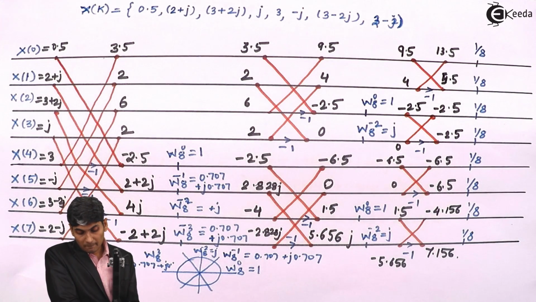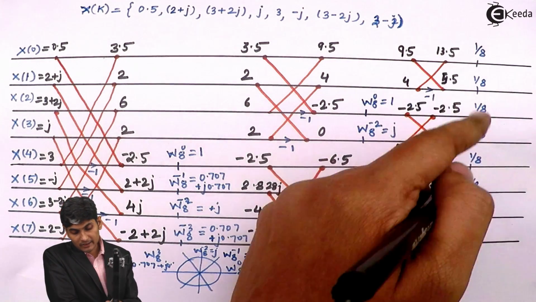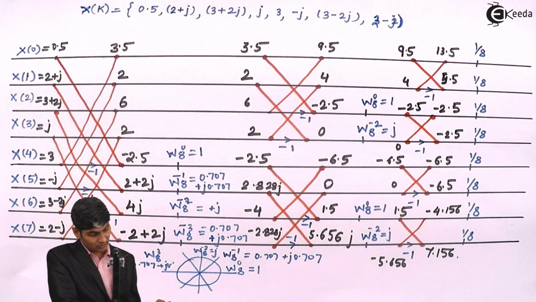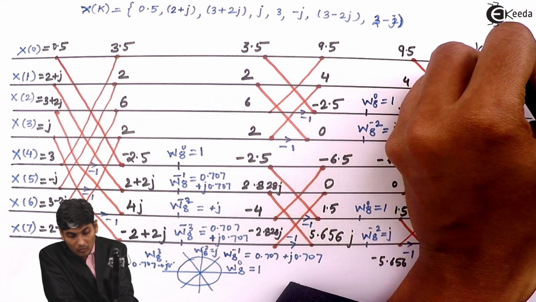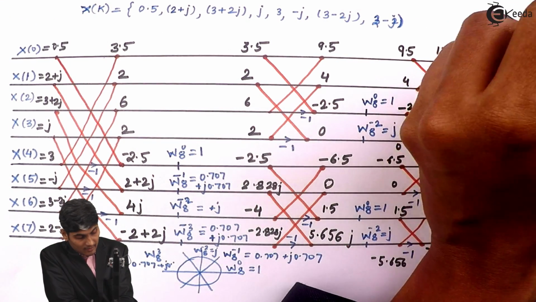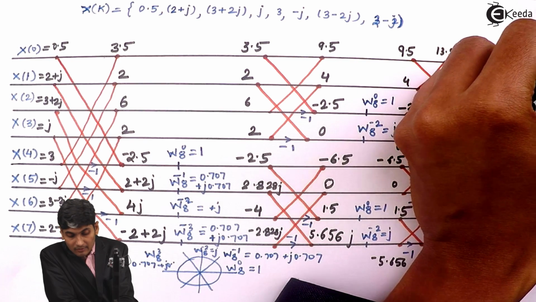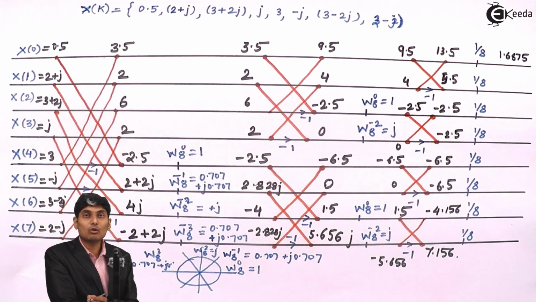Now let us divide this by 8 and check what will be the answer. 13.5 divided by 8 will give me 1.6875. I'm keeping 4 decimal digits for accuracy purposes.